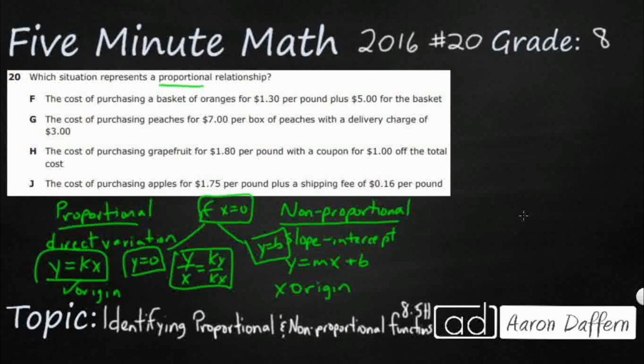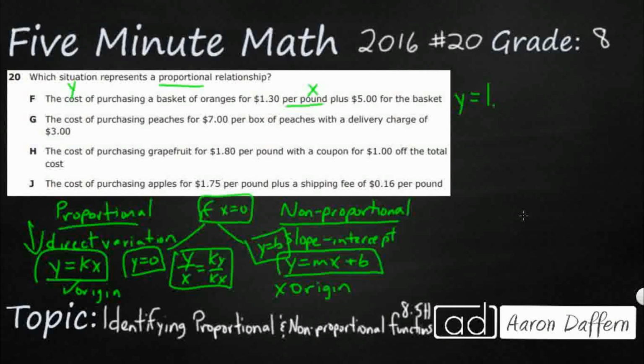So let's see what our problem situations turn into. We're going to look for one that looks more like that y equals kx, that direct variation. So F, the cost of purchasing a basket, so the cost is what we're looking for, that's going to be our dependent variable, equals 1.30 per pound, so that's going to be my independent variable.